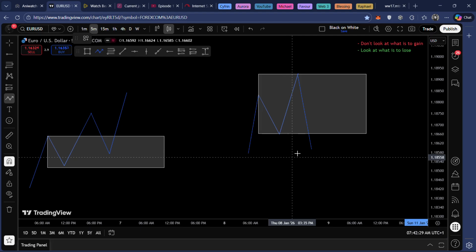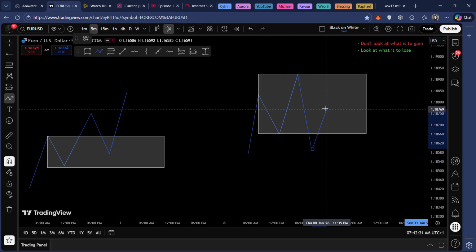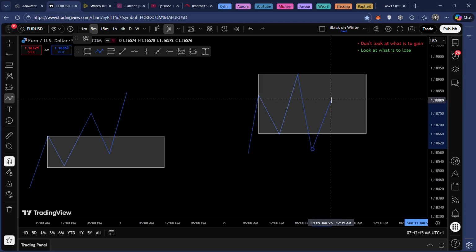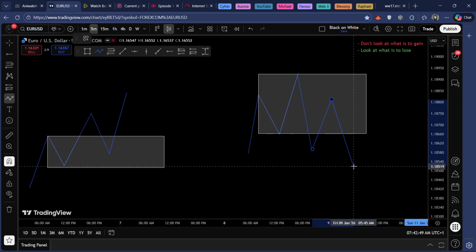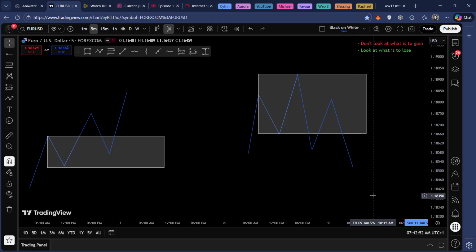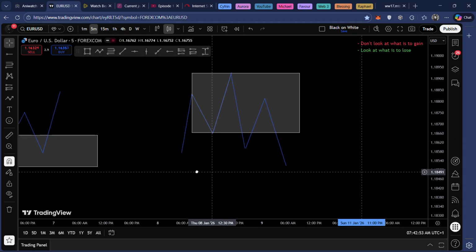When price comes back into this zone, we're looking for our entry to sell. You see the difference now? When the order block was not invalidated, we looked for entries to buy. But now when it comes within the zone, we look for entries to sell. When we see such an entry, we take it, we sell, and that's it. This is the whole concept of the breaker block.